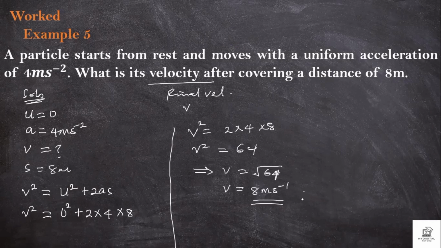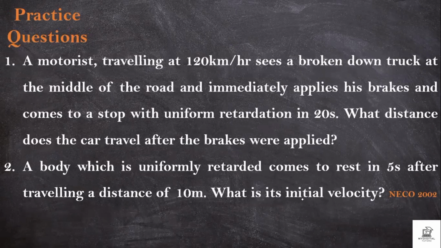I hope this is understood. So these are some of the ways we can apply the equations of motion to solve problems. So this is practice questions for you. A motorist traveling at 120 kilometers per hour sees a broken down truck in the middle of the road and immediately applies his brake and comes to a stop with uniform retardation in 20 seconds. What distance does the car travel after the brake was applied?